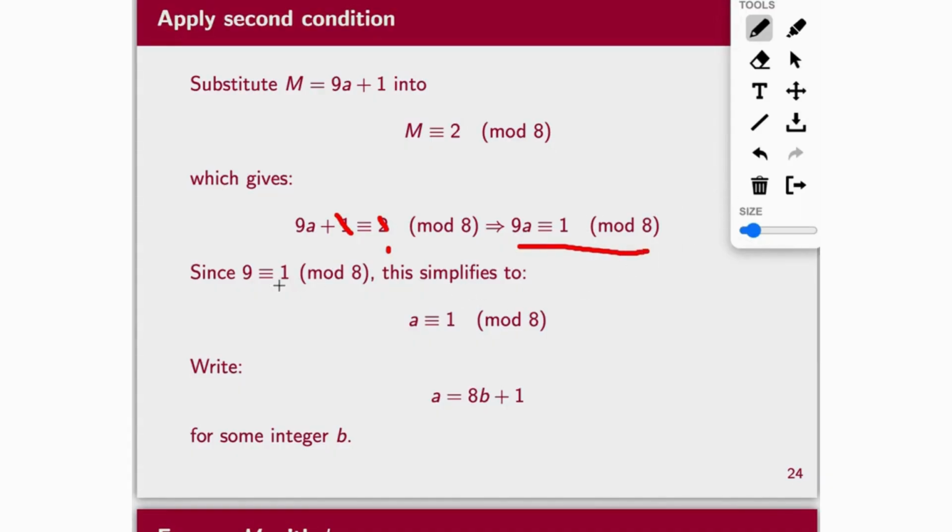And we can simplify because 9 mod 8 is just 1, so the coefficient becomes 1. So A is congruent to 1 mod 8, which we can rewrite like we did the others as A is equal to 8B plus 1.